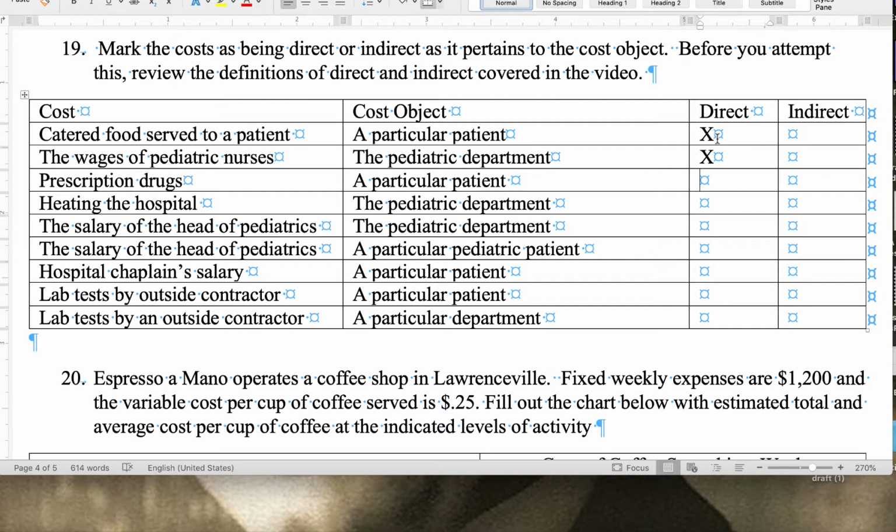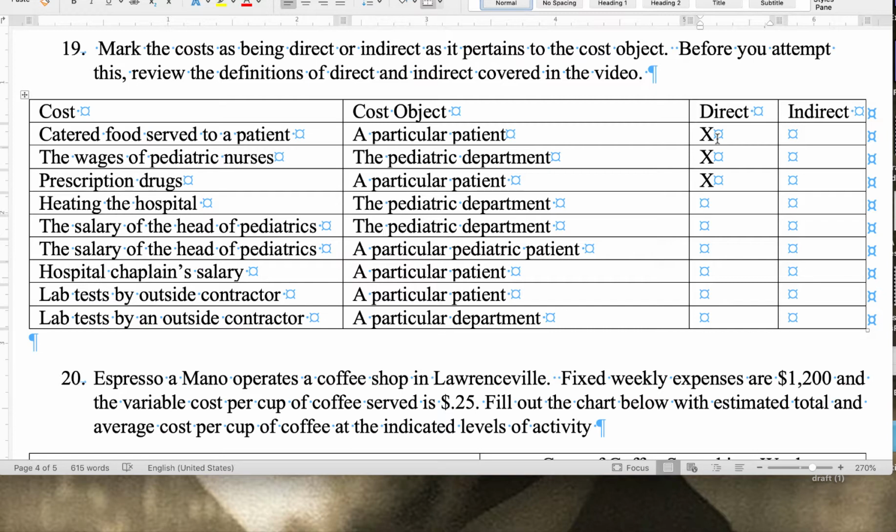As the department incurs a cost of prescription drugs, they know who gets what and how much, and they know the cost. So they can easily and conveniently trace those costs. There's no calculating involved other than adding up the cost of what the patient got. So that's direct.